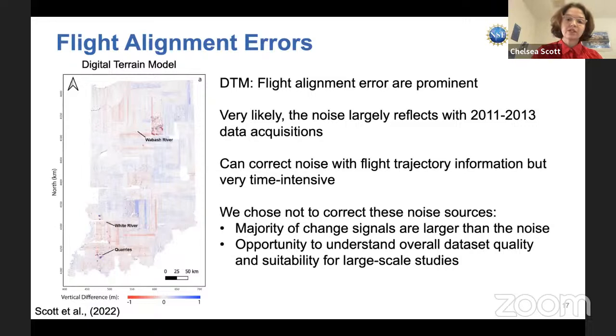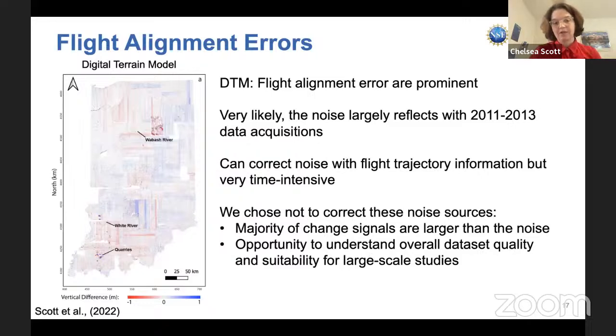Now, these sources of noise can be corrected with flight trajectory information. However, this process is very time intensive, even for a small study area. So we chose to not correct this source of noise for three main reasons.